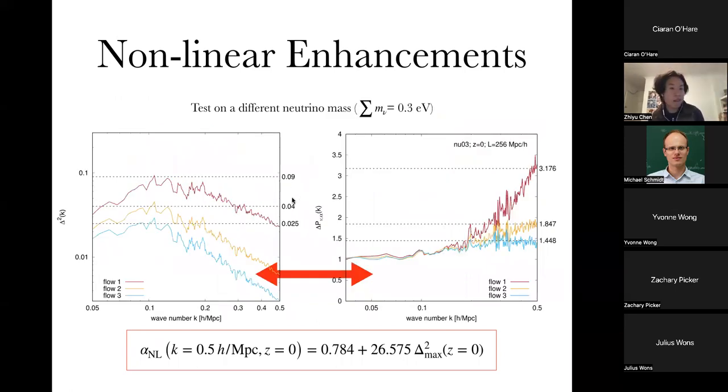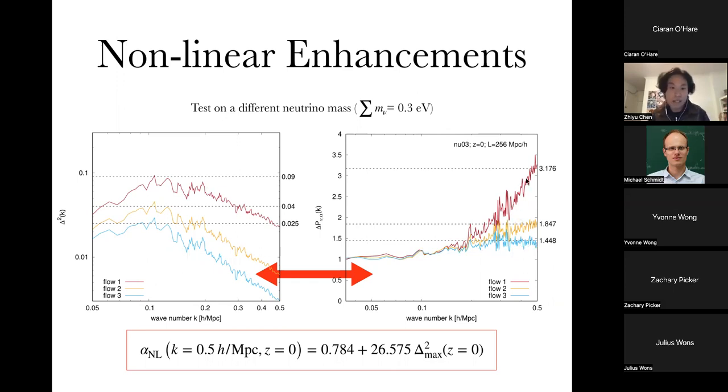And so we tested on a different neutrino mass. This might work for a half eV neutrino mass, but does it actually work for other neutrino masses? So we reduced the neutrino mass down to 0.3 eV, and we look at the linear response results. Here the first three flows out of 20 peak at 0.09, 0.04, 0.025. Then we run the N-body simulation and look at how much nonlinear enhancement they see at 0.5.